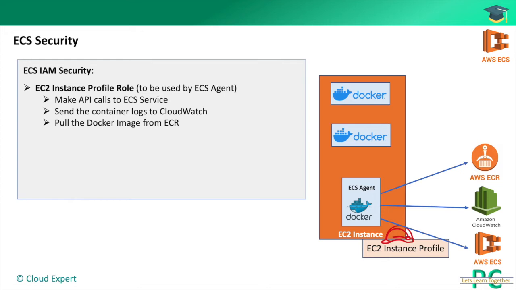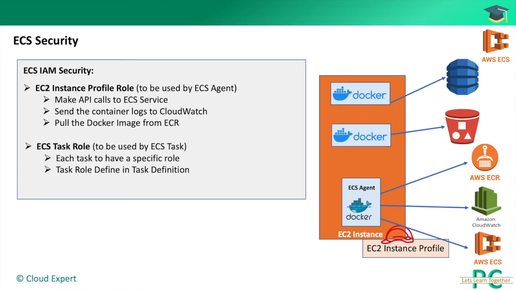Let's assume the first container needs AWS DynamoDB access and the second container needs AWS S3 access. Now to use the principle of least privilege, I have to provide a separate level of access to each container, and to achieve that we can use the ECS task role.